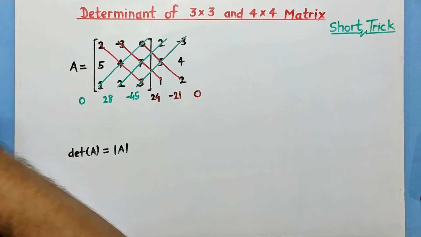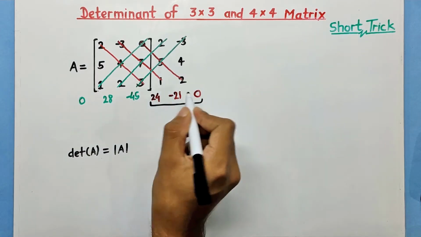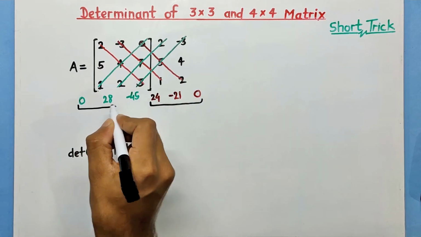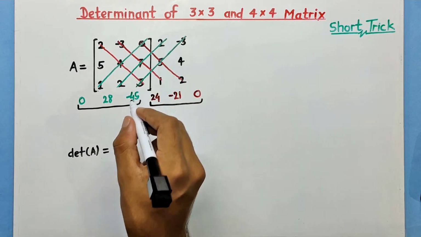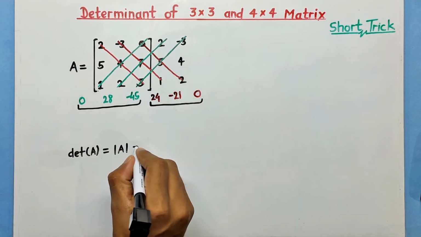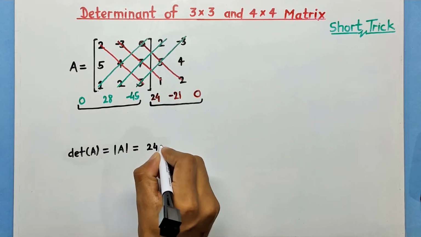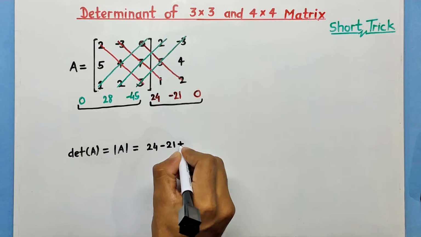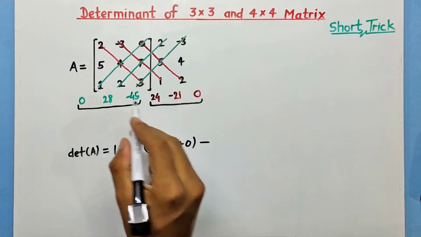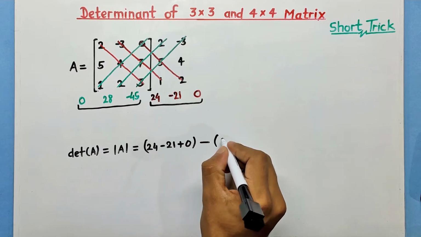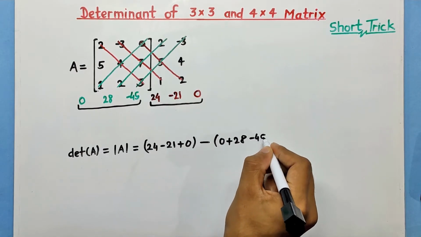And at the end we have to add these red numbers, also these green numbers, and subtract the red numbers from the green numbers. So the determinant of matrix A will be adding these numbers 24 minus 21 plus 0 and subtracting these green numbers that are 0 plus 28 minus 45.